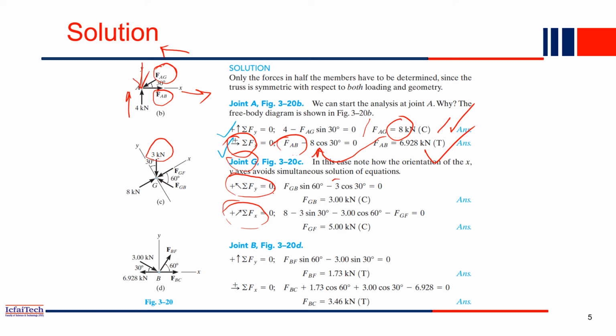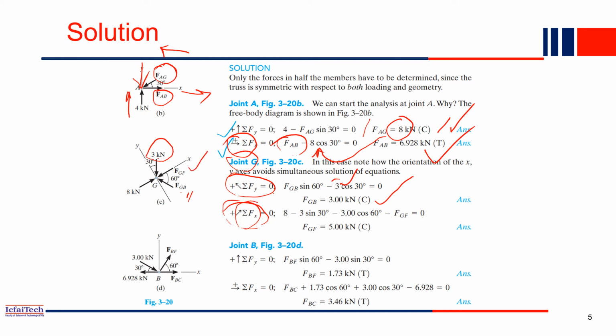So 3 cos 30 degree is one force in the y direction, and then FGB also has a vertical component, which will be FGB sin 60 degree. From this equation, we can calculate FGB. Now we apply the horizontal components to calculate another unknown force, FGF.